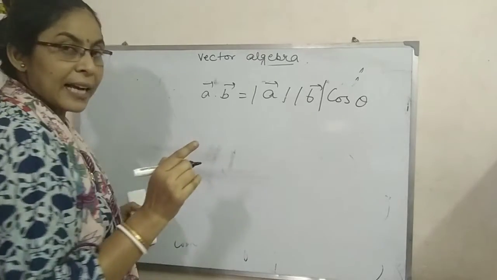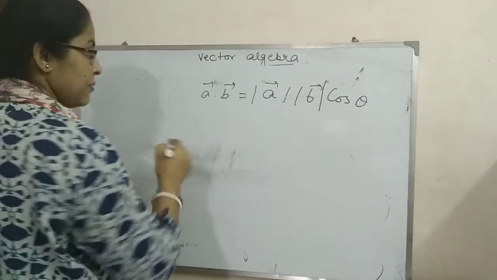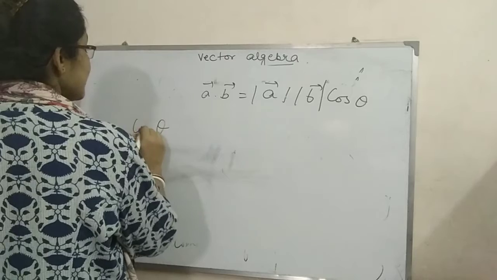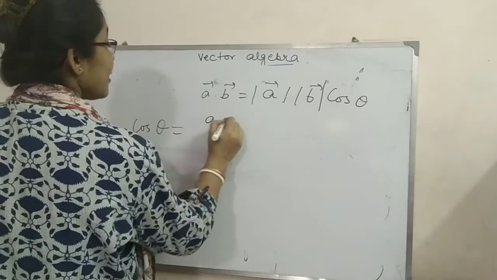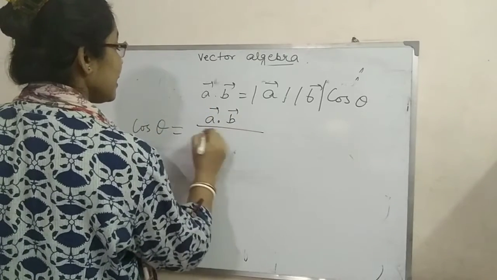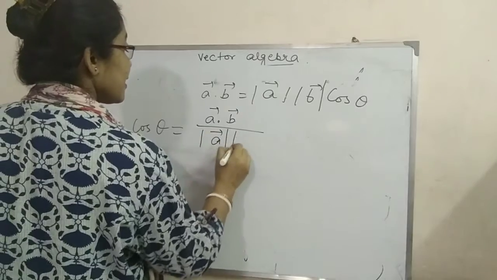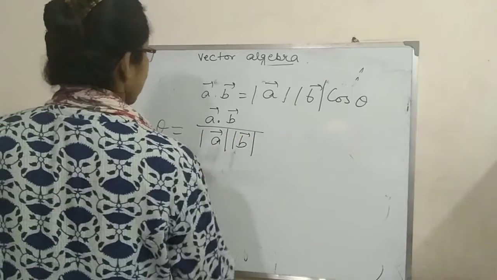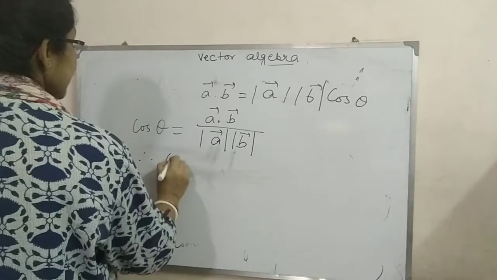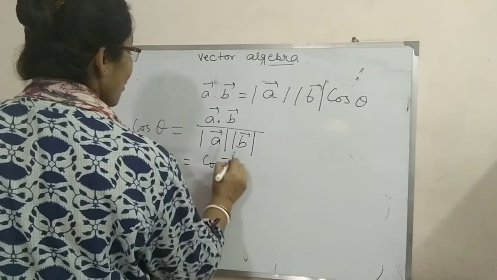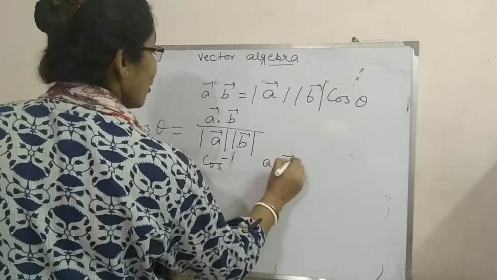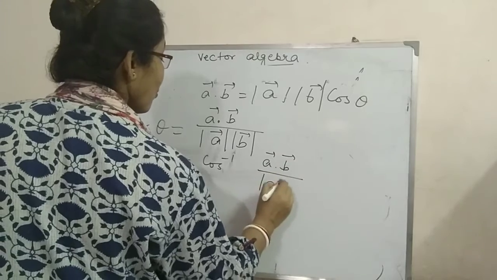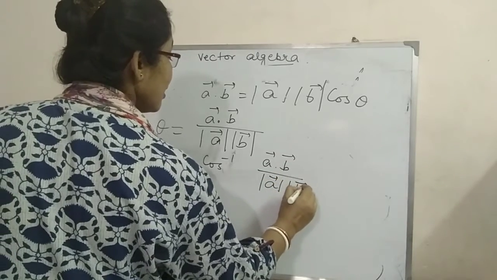If theta is the angle between A and B, then cos theta equals A dot B by modulus A into modulus B, that is theta equals cos inverse of A dot B by mod A mod B.